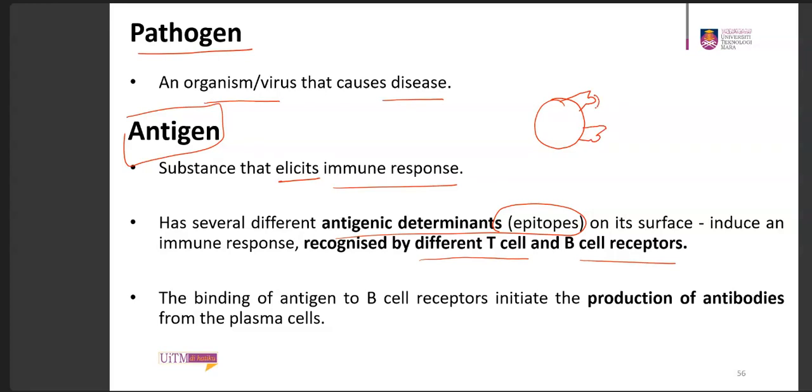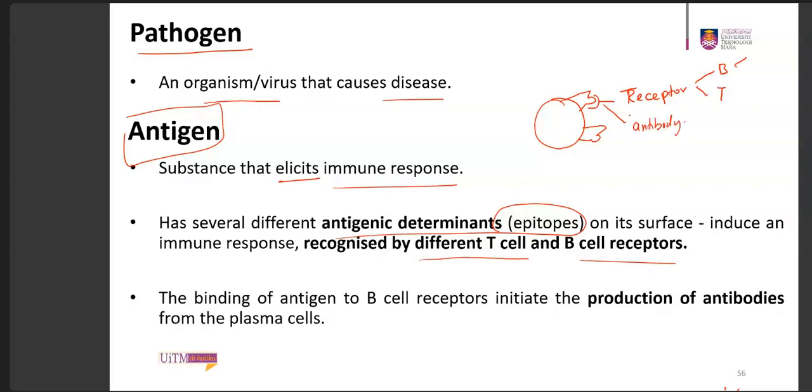So the epitope is where the receptor of B cell, or T cell, or even antibody will bind to.